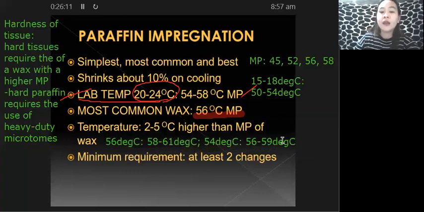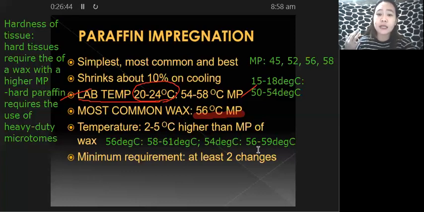Again, there is a note here, an NB. Why? Because take note that a temperature beyond 60 degrees Celsius is already deleterious or damaging to your tissue sample.